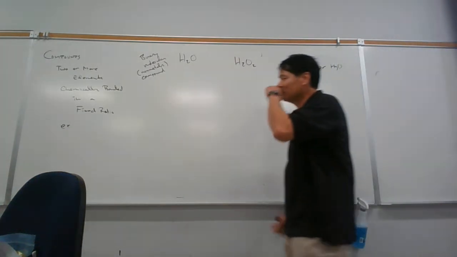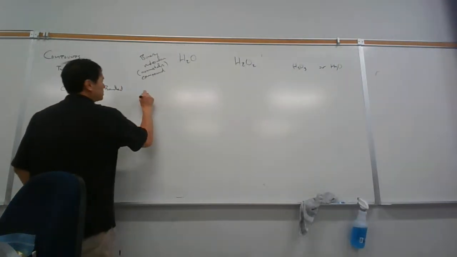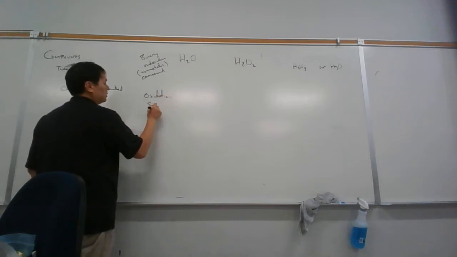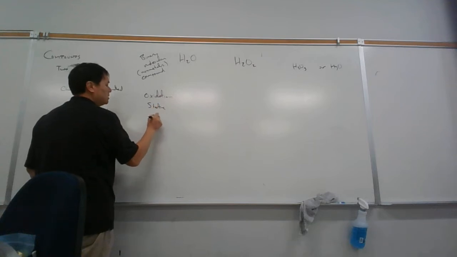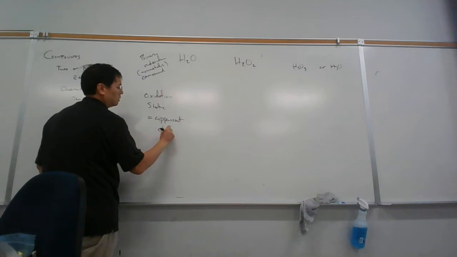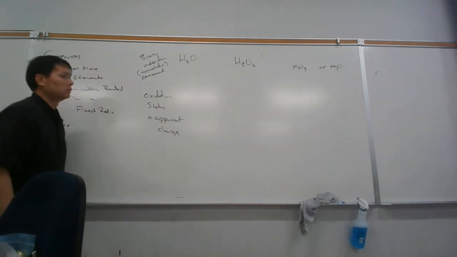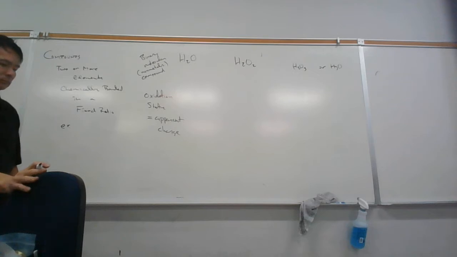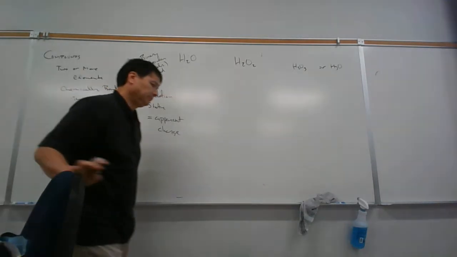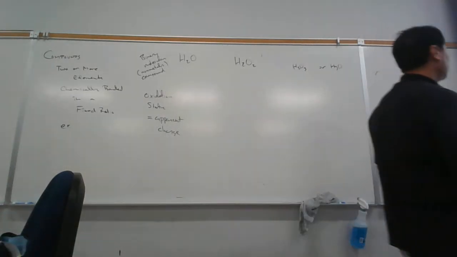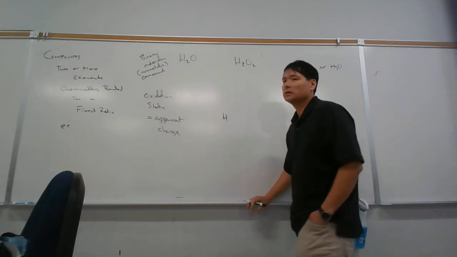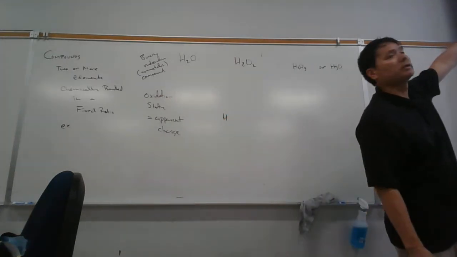The pattern has to do with something called oxidation state. The oxidation state is what we call the apparent charge. Hydrogen can do two things. Hydrogen can gain one electron because hydrogen has one electron.